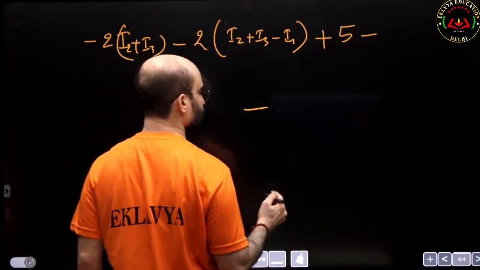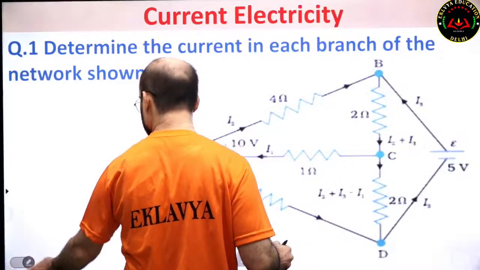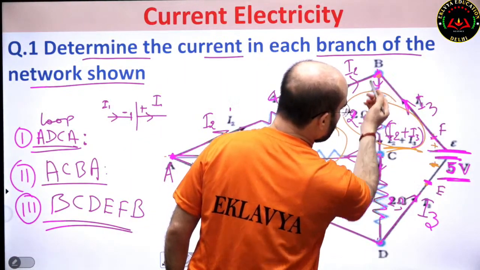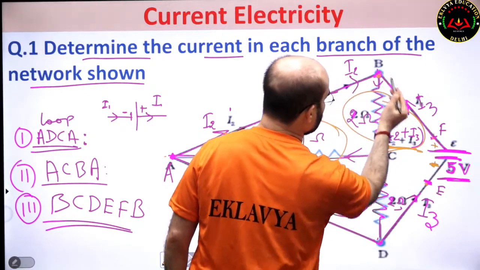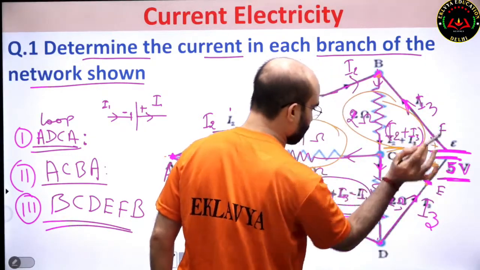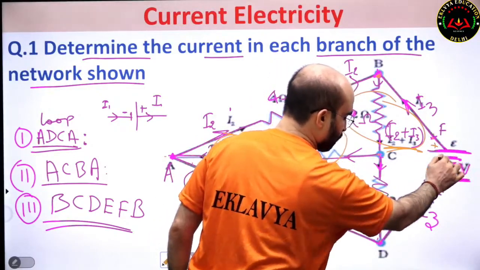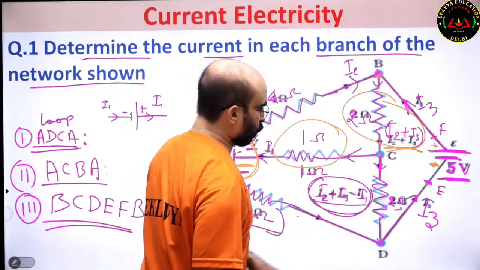Then is there any resistor? No. From F to B, there is no resistor. So 3 terms are there. This cell also has no internal resistance, so we will not look into that.